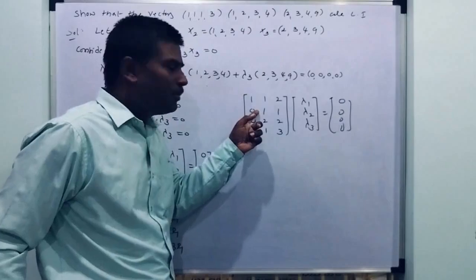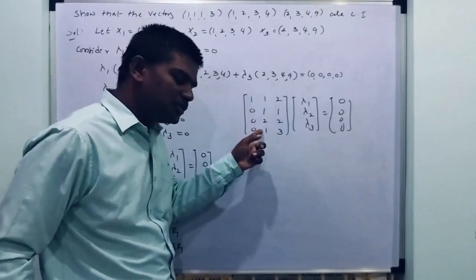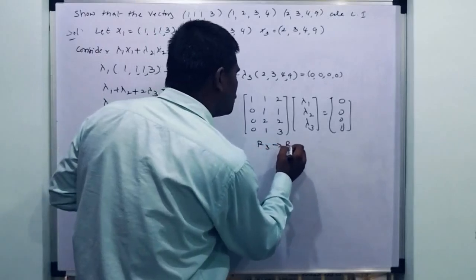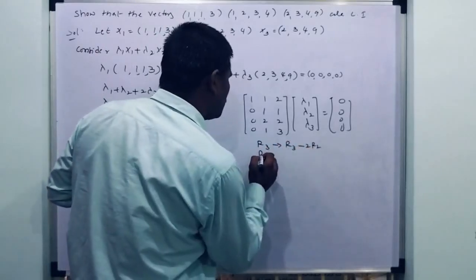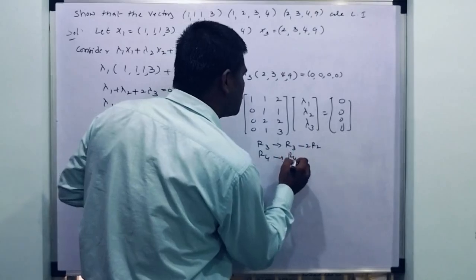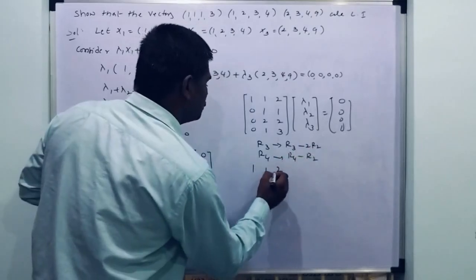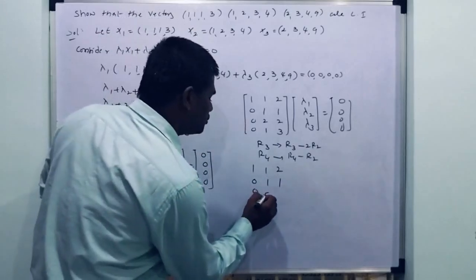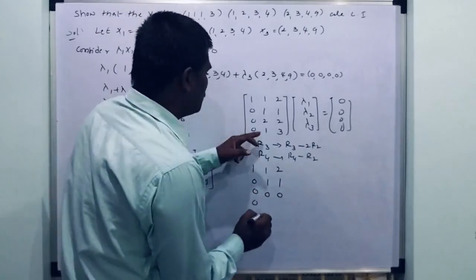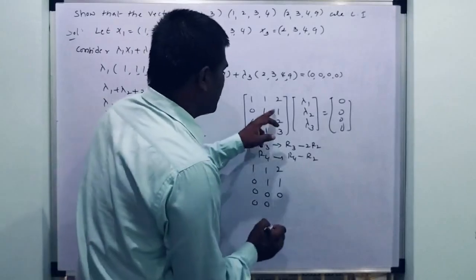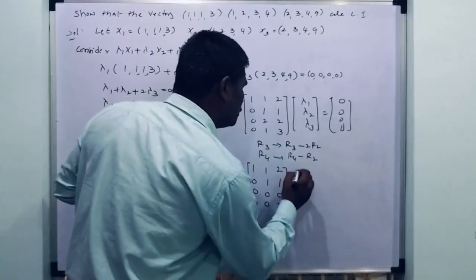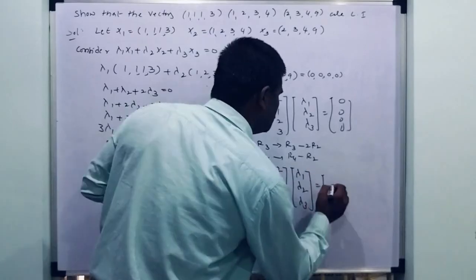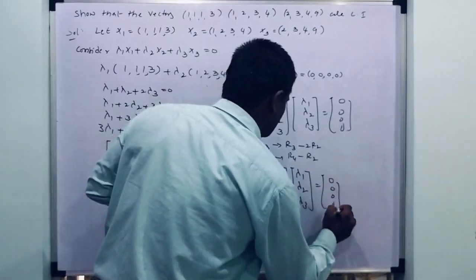Now use this element and make these two elements 0. That means R3 becomes R3 minus 2R2 and R4 becomes R4 minus R2. The rows become (1, 1, 2), (0, 1, 1), (0, 0, 0), (0, 0, 2), into lambda 1, lambda 2, lambda 3 equal to 0.